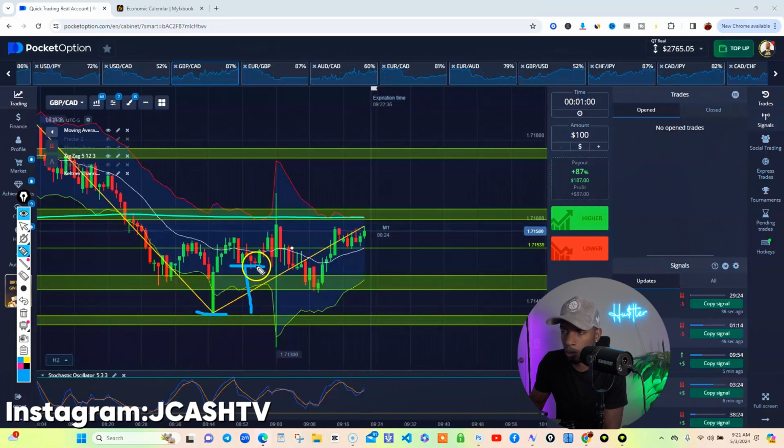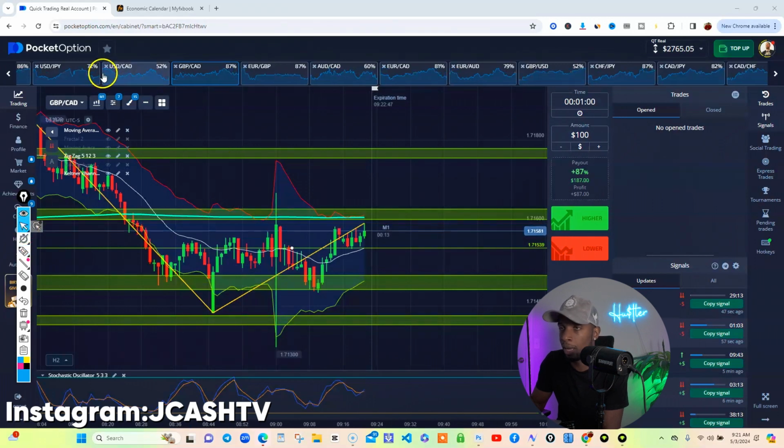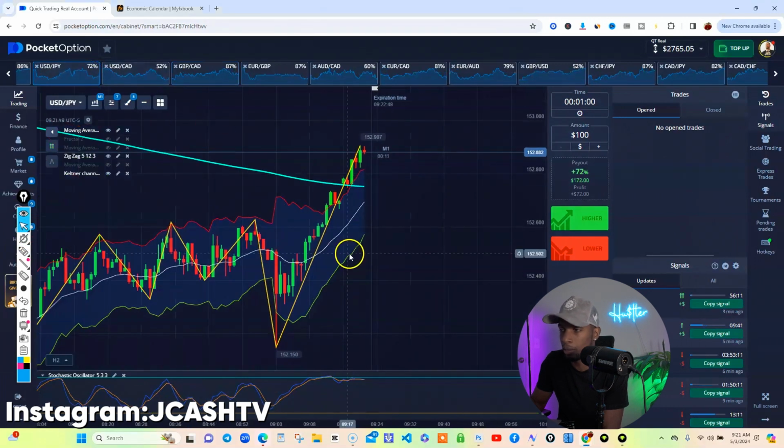So now that lets me know the market's going to go back up. Then we did pass this down, so this doesn't really count because that's news. But again, you can see it on any pair that you look at. News hit on mostly all these pairs, but good market structure on these areas.